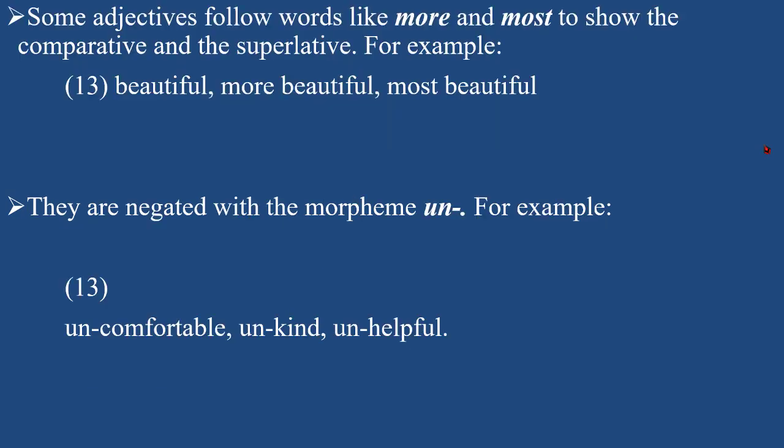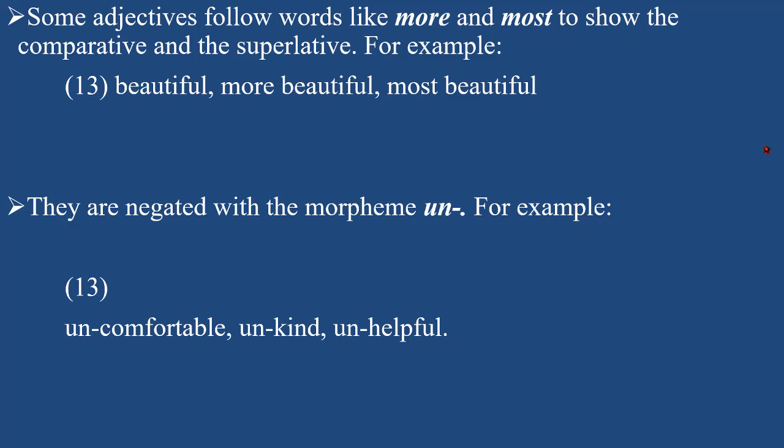Some adjectives follow words like more and most to show the comparative and the superlative. For example, beautiful, more beautiful, most beautiful. We're talking about long words. The words that come after more and most are adjectives.